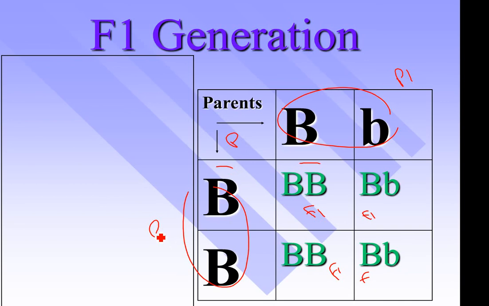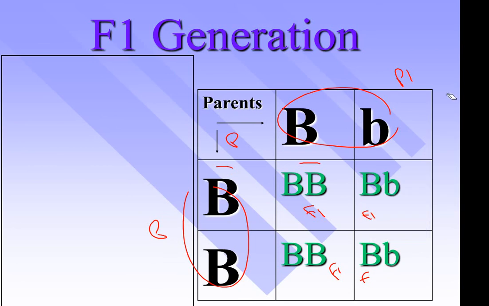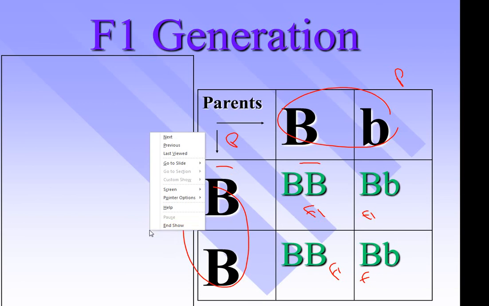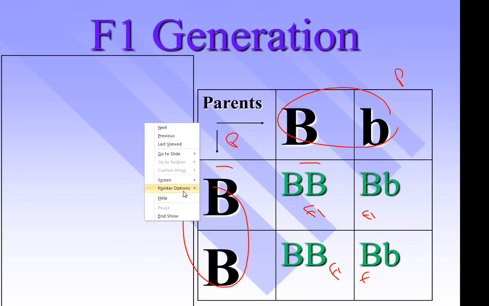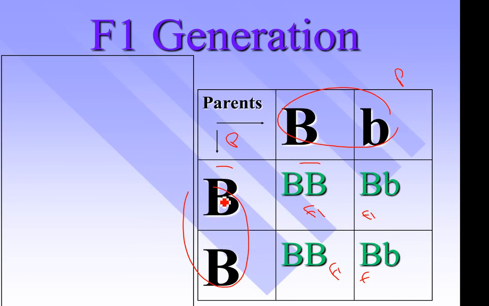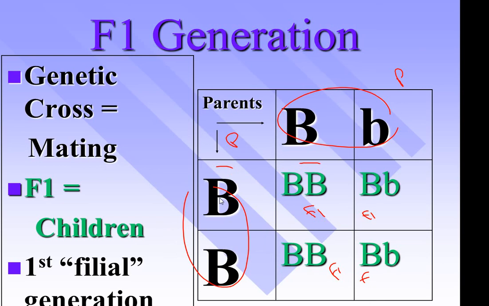We don't use the numbers for parent. We just say P parents, all right? And I'm going to just get rid of that. All right, so let's go ahead and further close this up by just advancing the slide a little. So what is it? It's mating. The parents and their children are the first filial generation, the children.